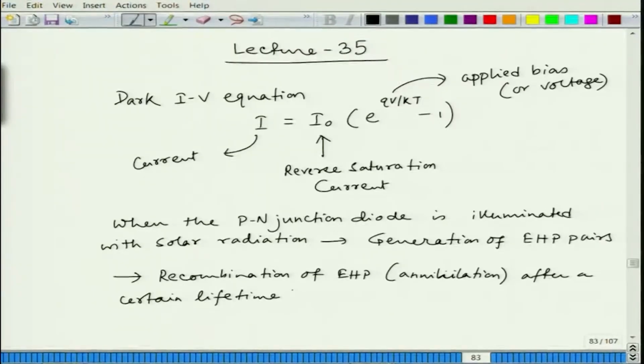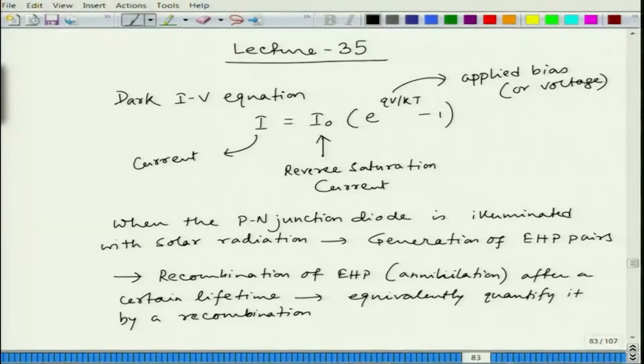Or you can equivalently quantify it by a recombination length. What does recombination length mean? After travelling this much distance, the average electron hole pair will recombine. That is what the recombination length means.